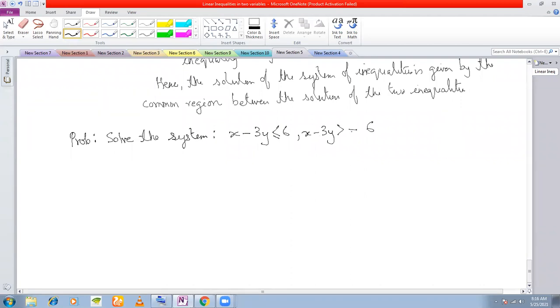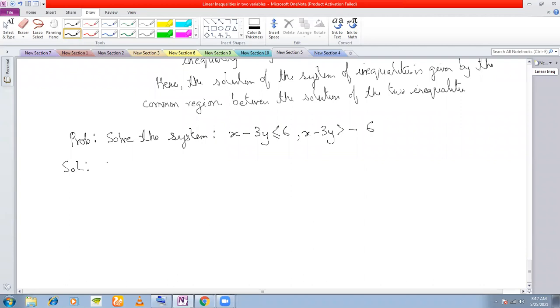See here, what do you see in the given system? The first thing that you notice is the second inequality does not have an equality, isn't it? First one is less than or equal to, second one is greater than. Okay, the technique remains exactly the same.